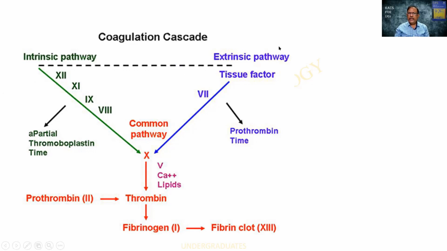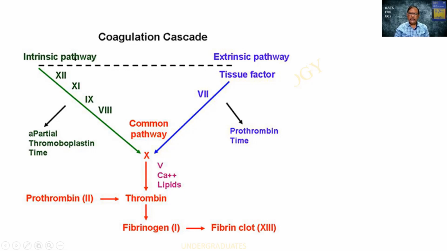Another is extrinsic pathway from outside. And whenever there is a damage, there is an element called tissue factor which gets exposed. The tissue factor, by means of factor 7, is converted to factor 10. And from now onwards is a common pathway. The test that can be done at this juncture is a prothrombin time.